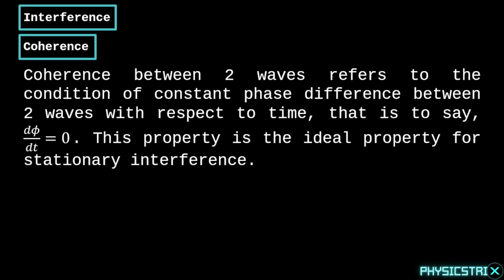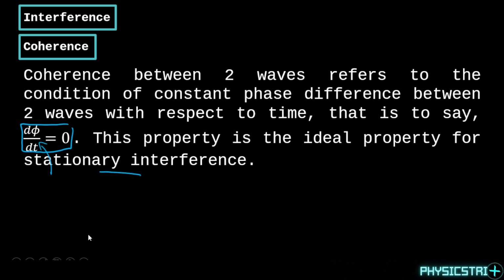If we look at the slide right now, there's a bunch of words saying exactly what it means, but the main point is that the phase difference between two waves stays constant. Constant compared to what? With respect to time. This is a very important condition for stationary interference.